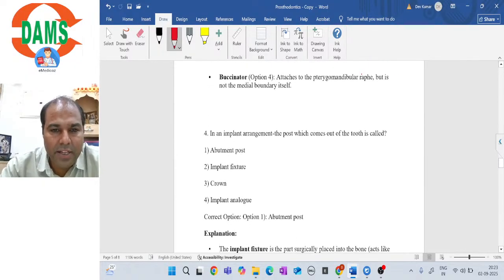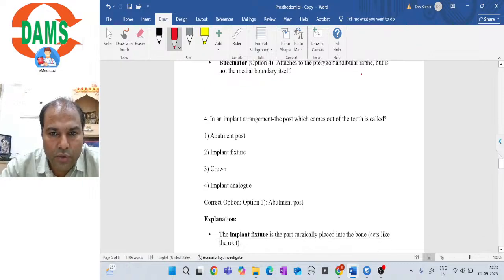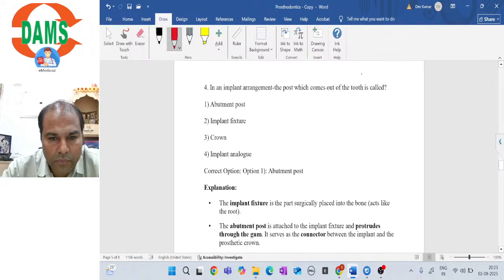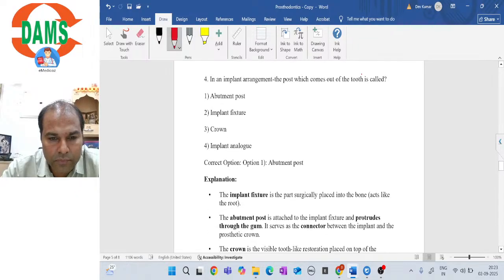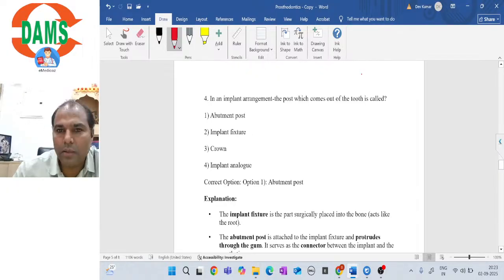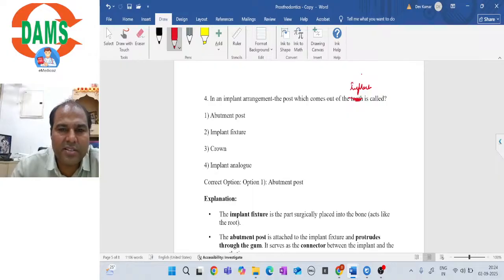In an implant arrangement, the post which comes out of the implant, not the tooth. The language of the question is not that great.